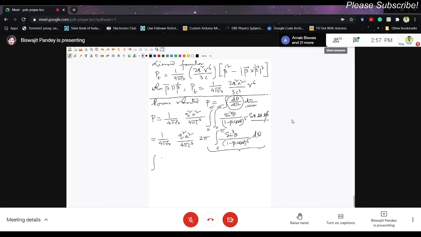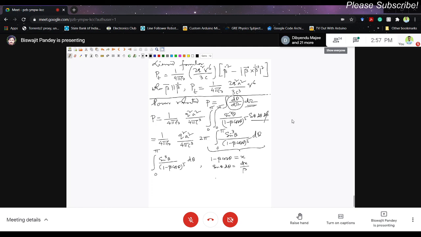So sine cube theta divided by 1 minus beta cos theta to the power 5 dθ, 0 to pi. I will just follow a simple method of substitution, where let us put 1 minus beta cos theta equal to x. So the derivative of cos theta is minus sine theta, so sine theta dθ equals dx by beta, right?